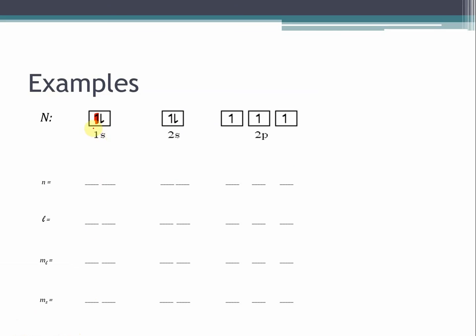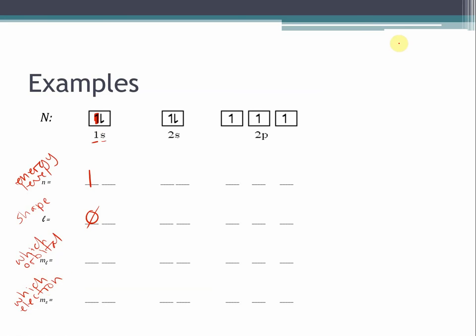This electron is in a 1s orbital. So that means its n value is 1. And its L value is 0, because of this s. S orbitals have an L value of 0, always. The m sub L value, remember, tells you which specific orbital. Again, this is energy level. L tells you the orbital shape. M sub L tells you specifically which orbital, and then M sub S tells you which electron, the up one or the down one.